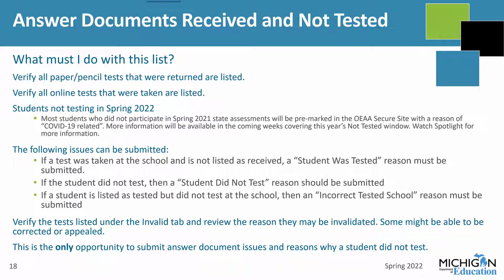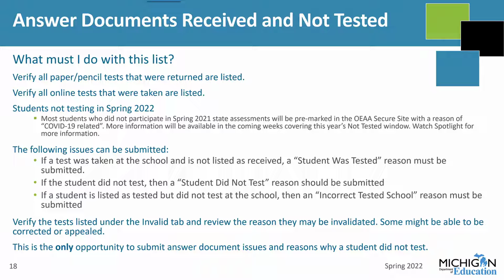If a student is correctly listed as not having been tested, then a student did not test issue, including the reason the student did not test, needs to be submitted. More information will be available about the not tested window, so watch the spotlight for more information. If a student who did not test at the school is listed as having tested at the school, an incorrect tested school issue needs to be submitted.